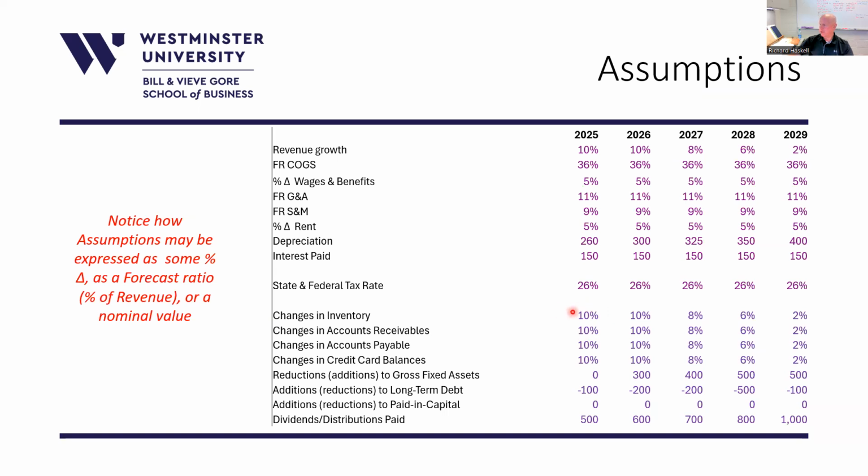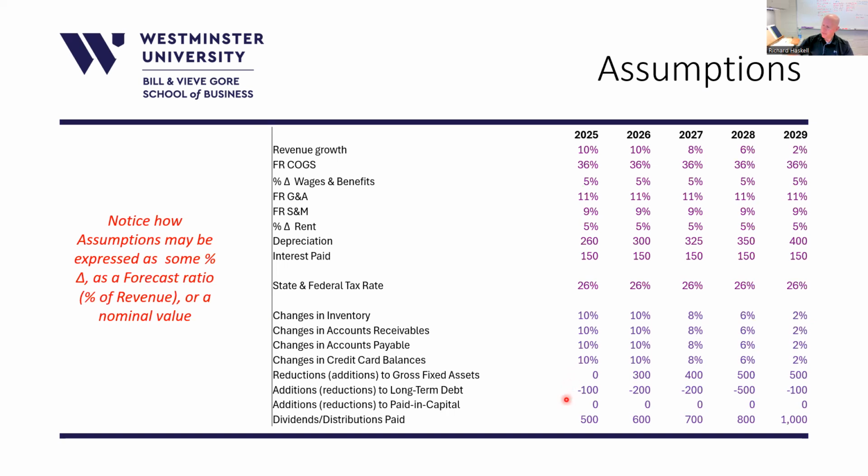So as you see here, I've got 10% for each of these first four net working capital categories for 2025, which is the rate of growth of revenue for 2025. I then replicate the rate of growth of revenue for these same items in 2026, 27, 28, and 29.